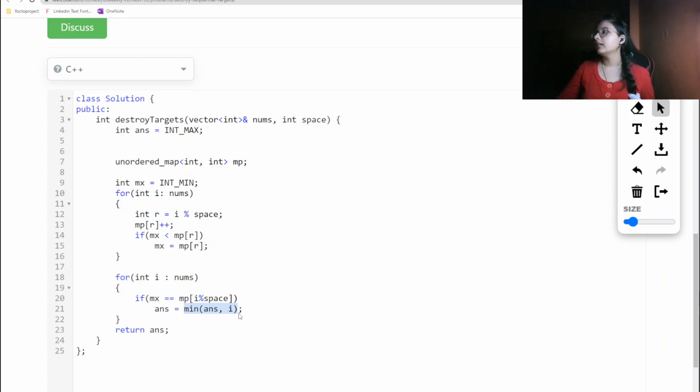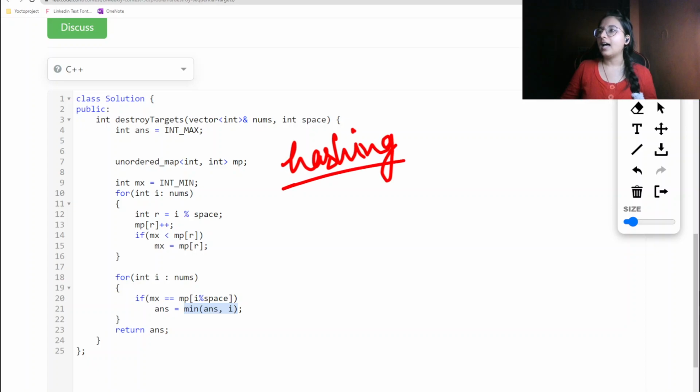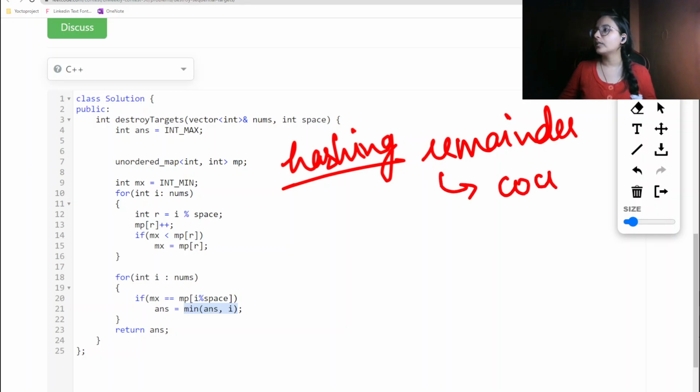So the thing is that what we are doing here is we are basically mapping, you could directly say a hash. We are basically hashing this remainder, and corresponding to that the count which is there.